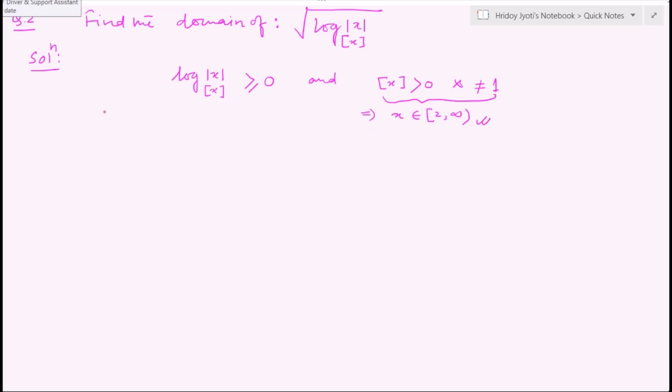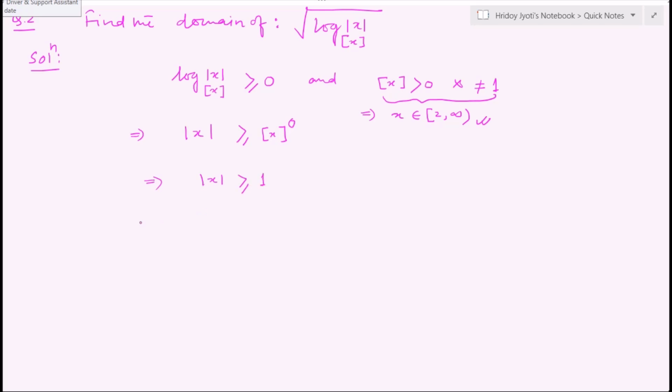And from here what we'll get is modulus of x will be greater than or equal to the greatest integer function of x to the power 0, that is, modulus of x has to be greater than or equal to 1.